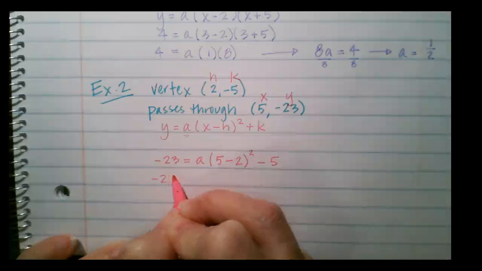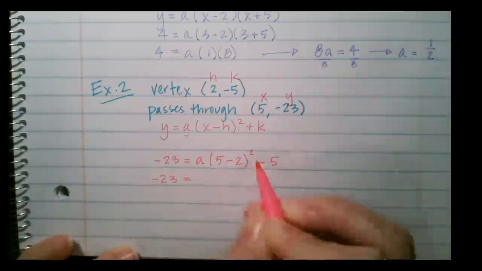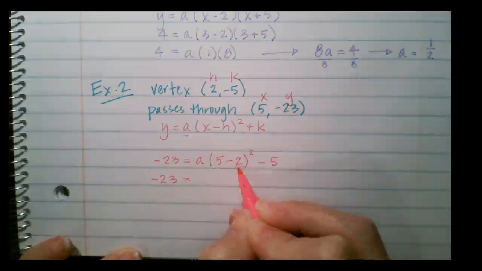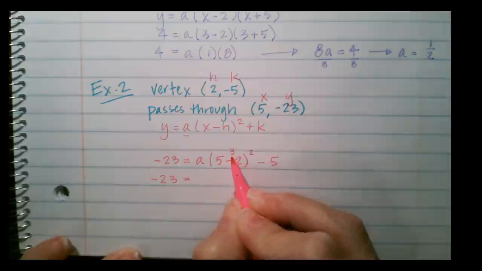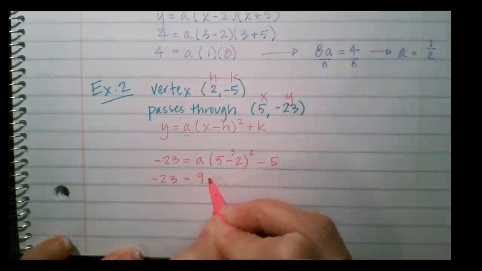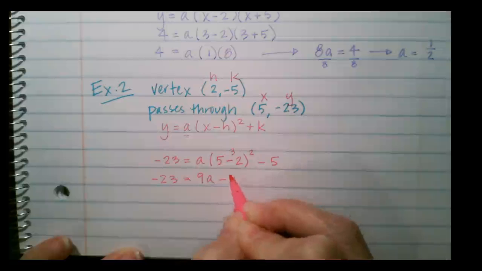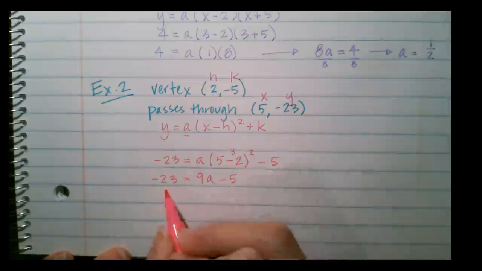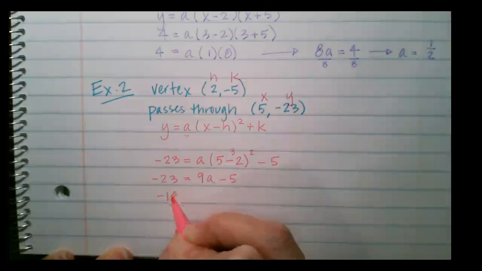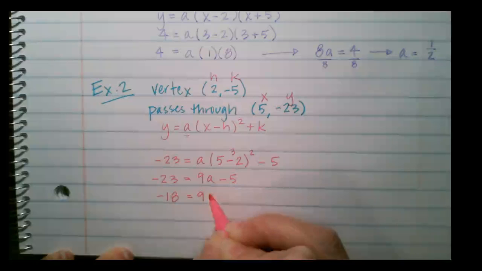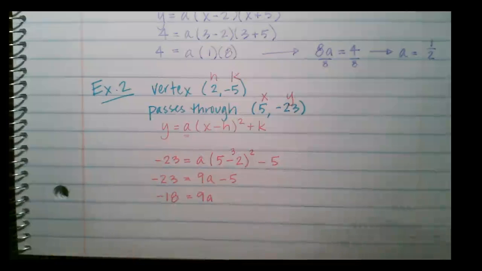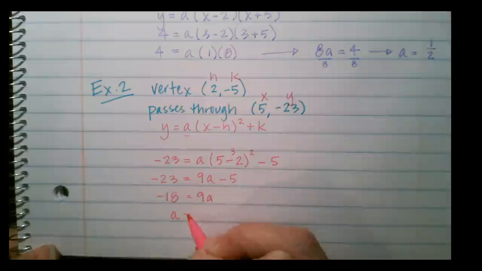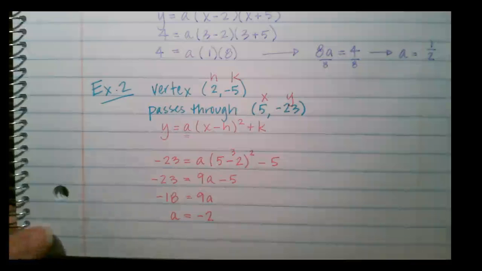So now I'm just going to work through this here. So 5 minus 2 is 3. Squared makes this 9a minus 5. So now to solve this, I'm going to add 5 to both sides. So that's -18 equals 9a. Divide both sides by 9. So a is -2.